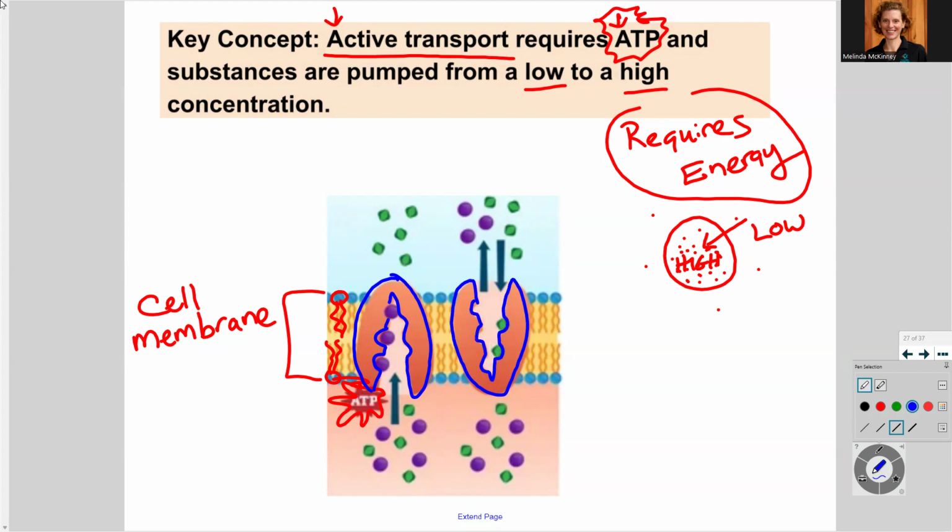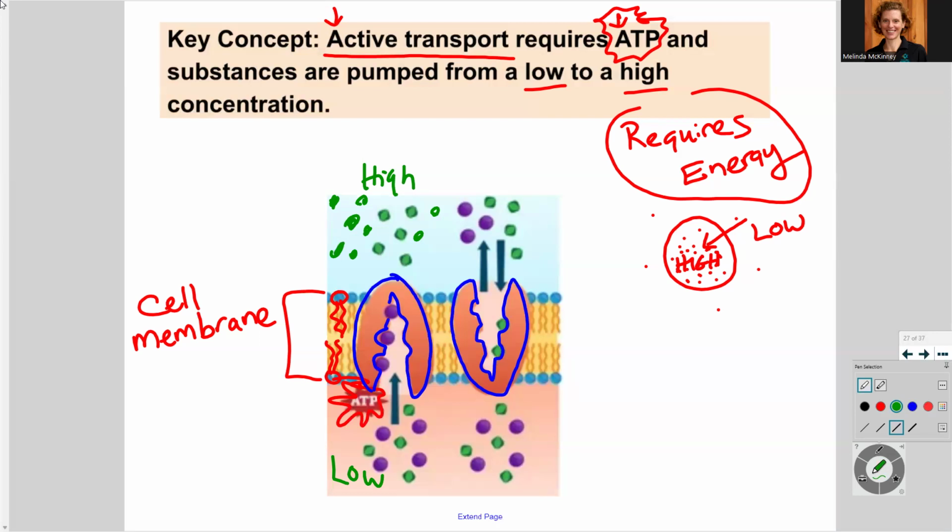And it's going to be transporting them against the concentration gradient. So if we were to count up the molecules, yeah, okay, so there. It's not doing a great job here. It's not a huge difference, but basically, if I was to emphasize this, we would be adding a whole bunch of molecules, green molecules, from an area of low down here to high up here. That would require ATP to go in that direction.